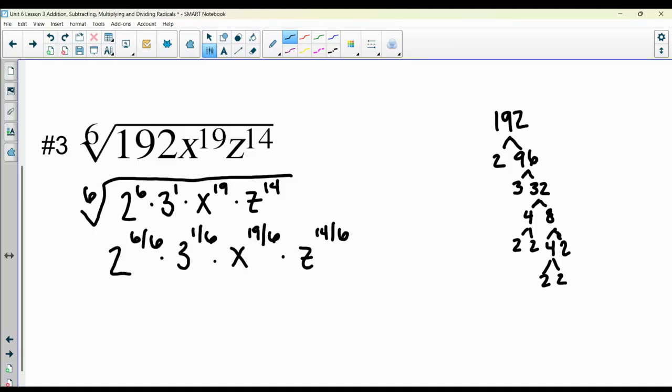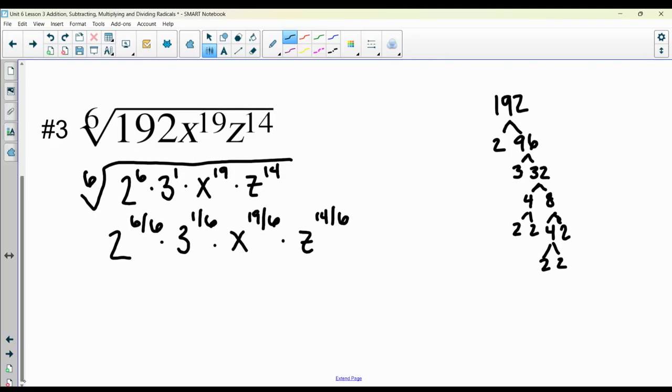Now don't simplify any of these fractions, like how 14/6 can simplify to 7/3. Don't do that, not until the very last step, if necessary, because you do want to keep the denominators the same to rewrite it in radical form.